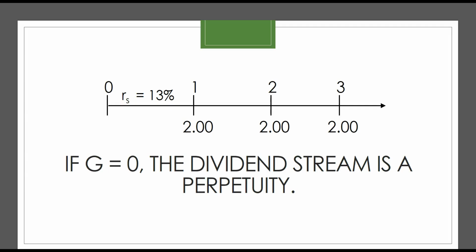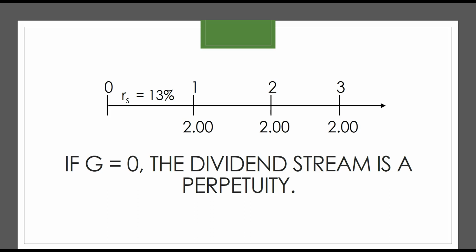If our growth rate is 0, we can also use the Gordon model. If our growth rate is 0, meaning that our dividend is a constant amount year over year, and we don't expect it to grow in the future, then we just plug in a growth rate of 0. You could also imagine that this is a perpetuity. This is the definition of a perpetuity: an equal periodic cash flow that occurs forever.